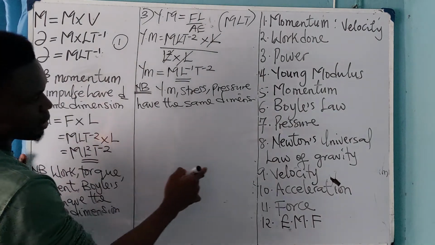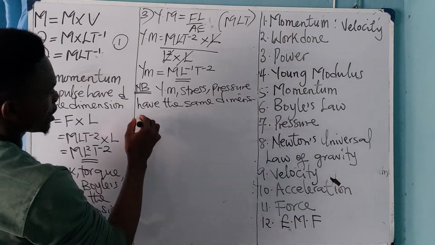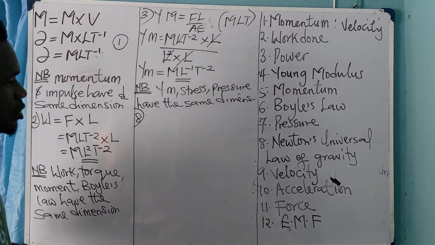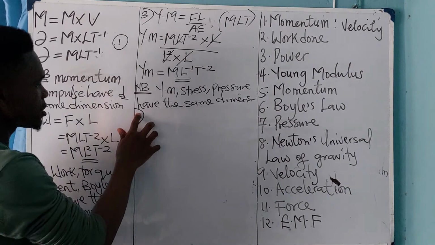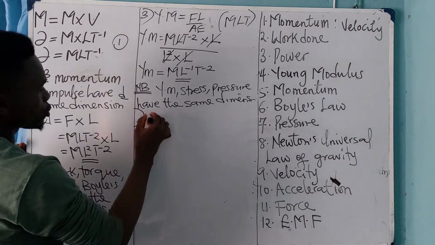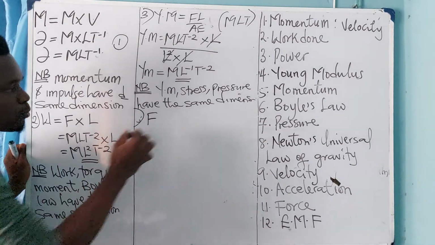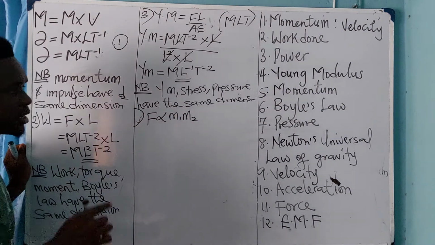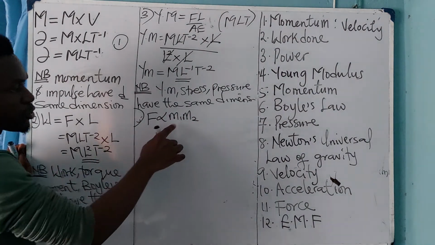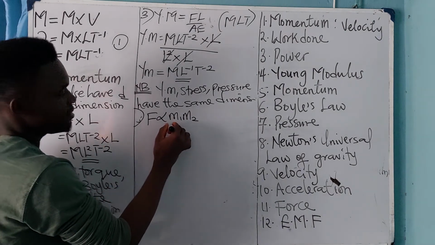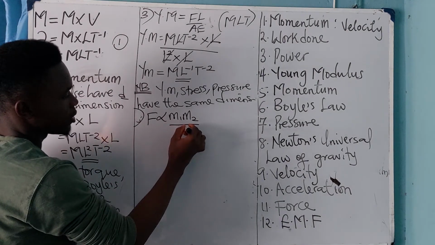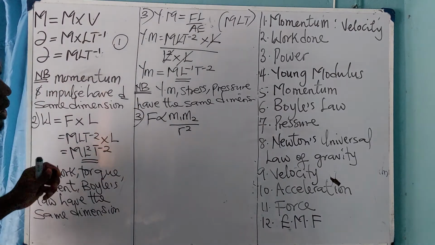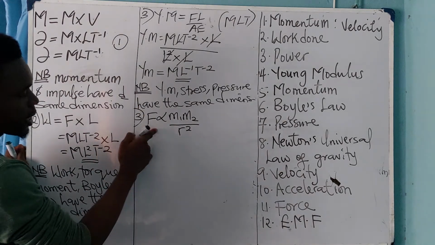Now let me take number 8. Newton's universal law of gravity states that the force of attraction or repulsion between two masses m1, m2 is directly proportional to the product of the two masses and inversely proportional to the square of the distance that separates the two masses apart. Now in doing so, I'm going to be cross multiplying.